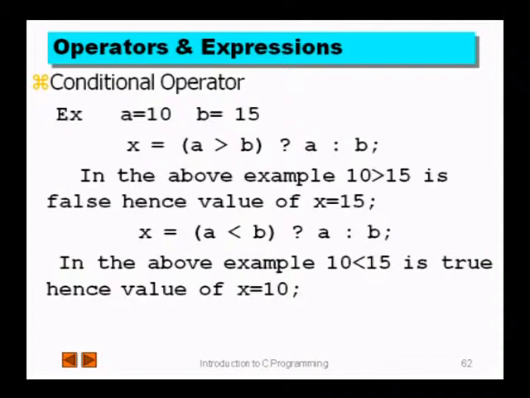So the value of the condition is false, hence the value of the expression becomes B. Here B is 15, so x is equal to 15 will be assigned.